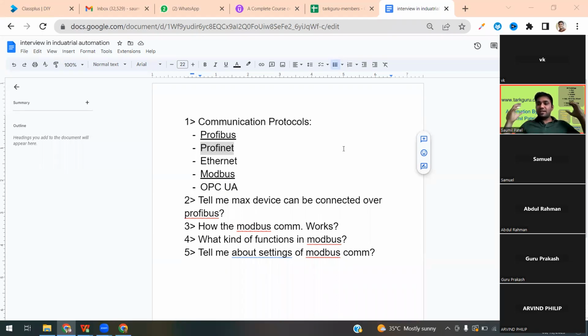So both protocols are TCP/IP at a deep level. But why did Siemens develop the Profinet protocol? Because they developed media redundancy over that protocol, so they gave it the name Profinet. Understood? Definitely, this is a common question from the interviewer.